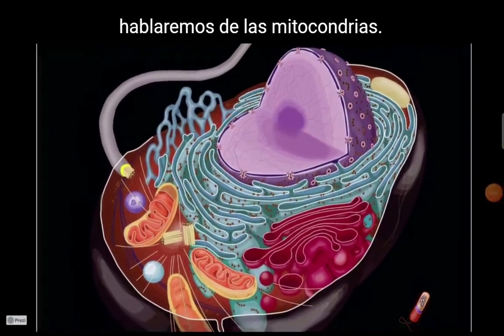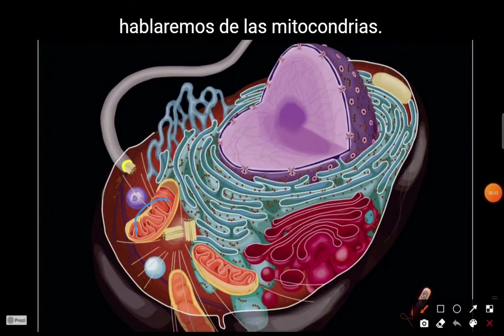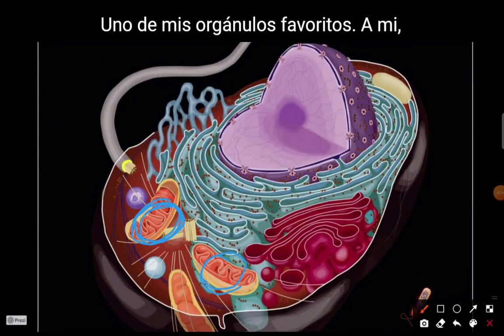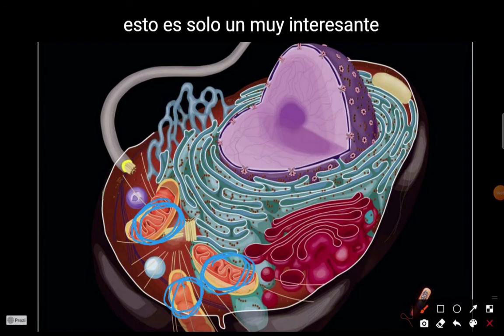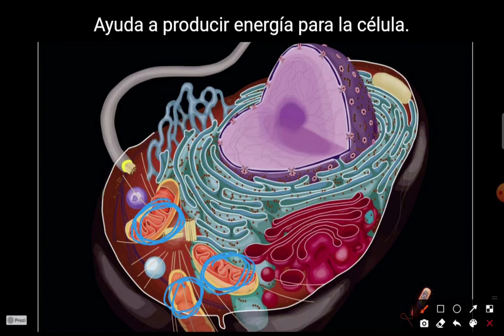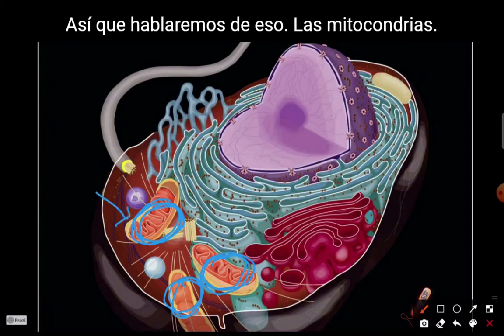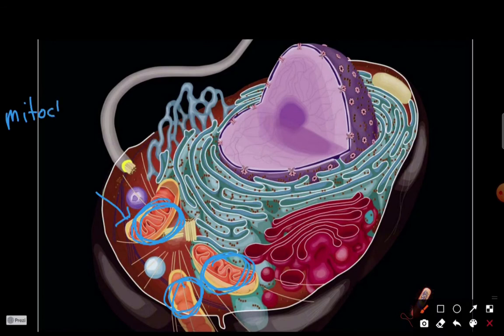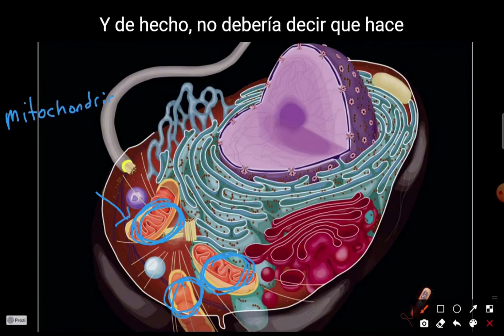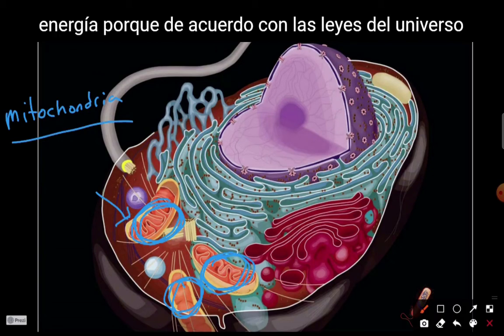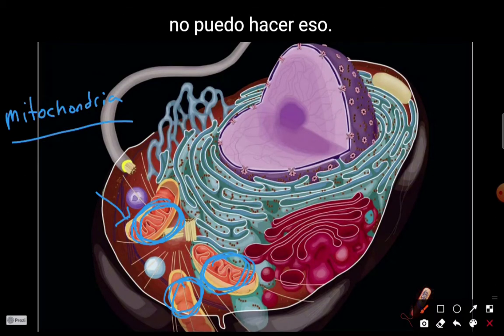Next, we'll talk about the mitochondria, one of my favorite organelles. To me, this is just a very interesting organelle. It helps to make energy for the cell. So we'll talk about that. The mitochondria. And actually, I should not say that it makes energy, because according to the laws of the universe, you can't do that.